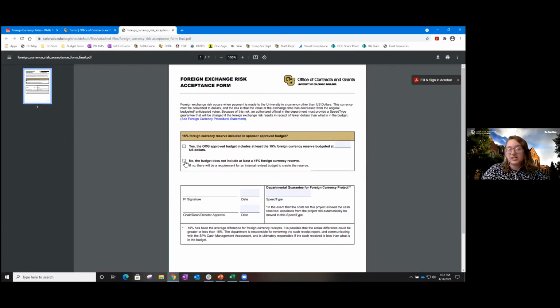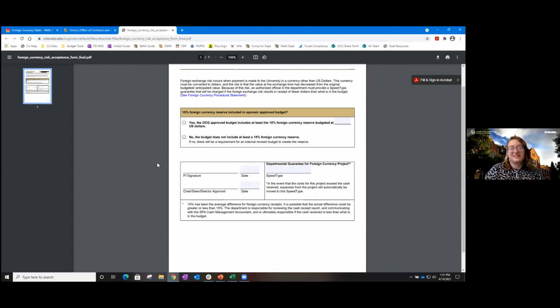Unless this project has not gone through the standard OCG process, yes, there's going to be a contingency included unless the sponsor says, no, we won't accept that. So yes, no, we're going to have our PI sign off that they are accepting the risk that potentially comes with this, their chair or equivalent.